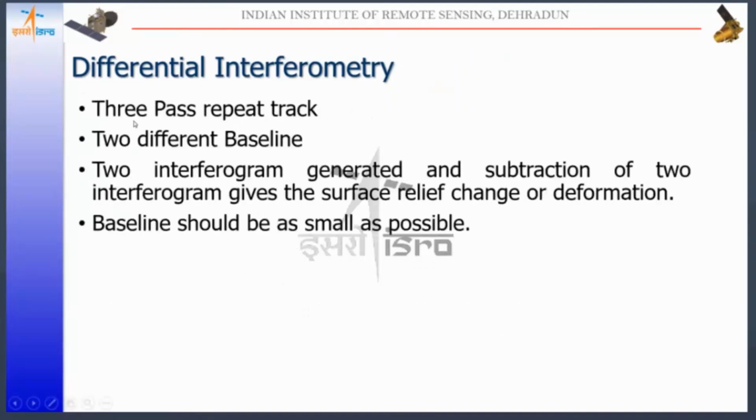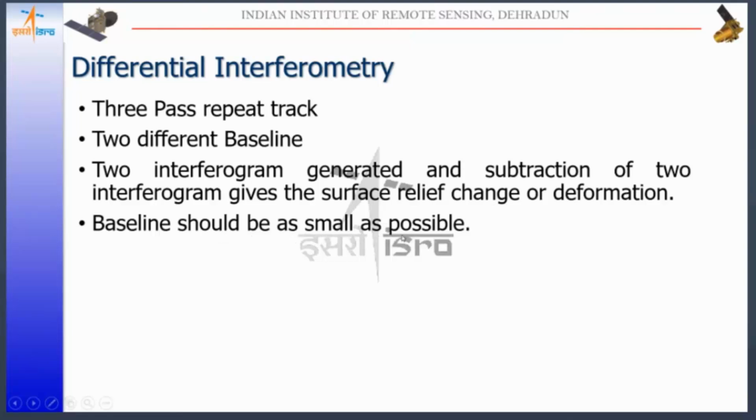Now, how can it be done? If we have a 3-pass repeat track, then we have two different baselines. From each pair we will form an interferogram, so two interferograms are generated, and the subtraction of the two interferograms will give the surface relief change or deformation.